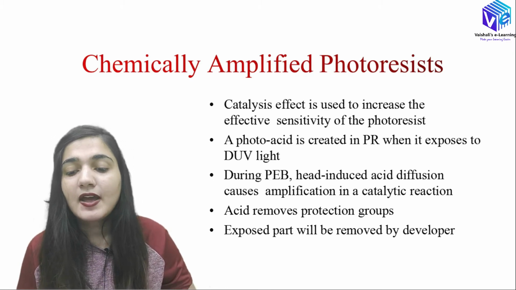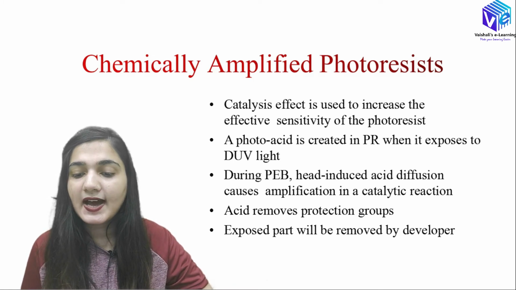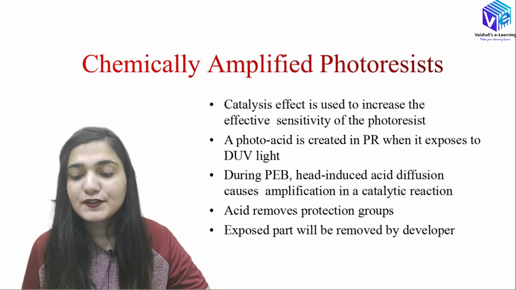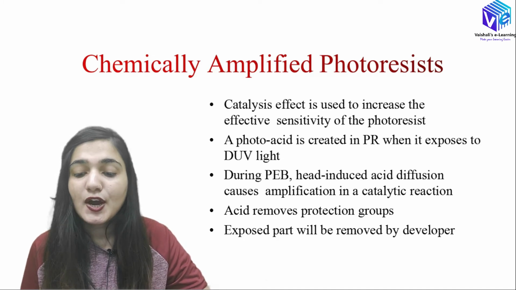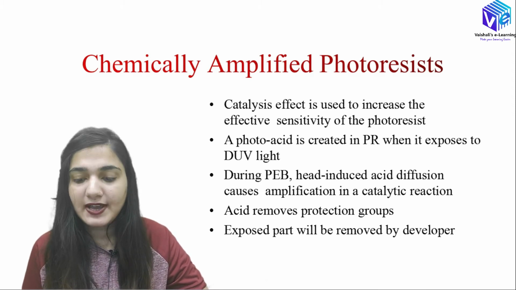So I require a good sensitizer. Here we are using the sensitizers as the catalyst to increase the sensitivity. A photoacid is also created in the photoresist when it is exposed to the deep UV light. This photoacid we have to carefully handle.